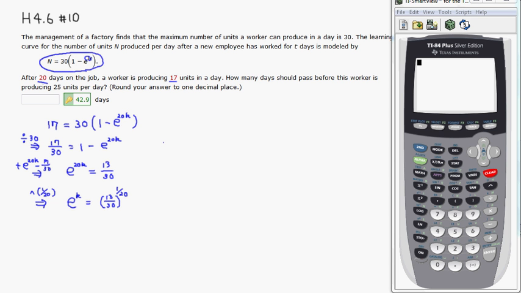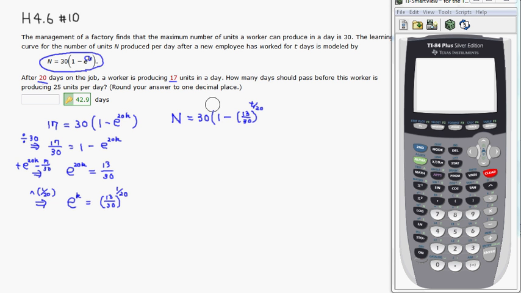So we're going to plug this into the formula to get the complete formula. n can be found by 30 times quantity 1 minus, e to the k is this guy right here, so I'll just put 13 over 30 raised to the 1 over 20, but you have to raise it to t as well, so it's going to be t over 20.